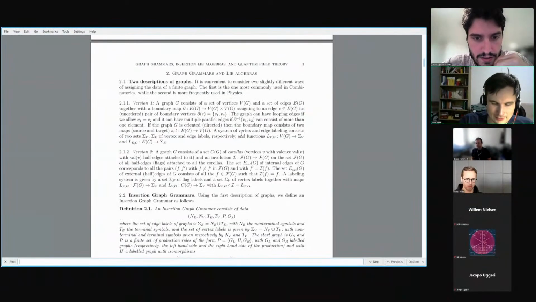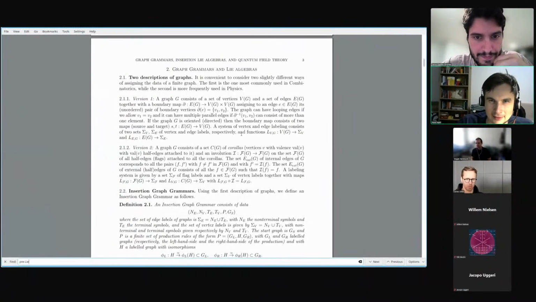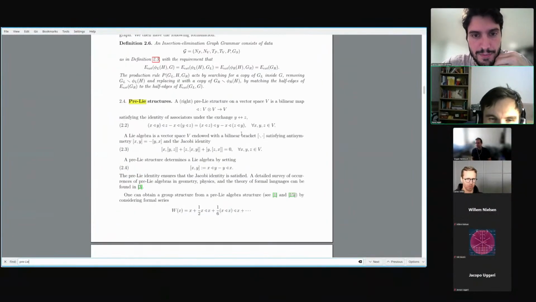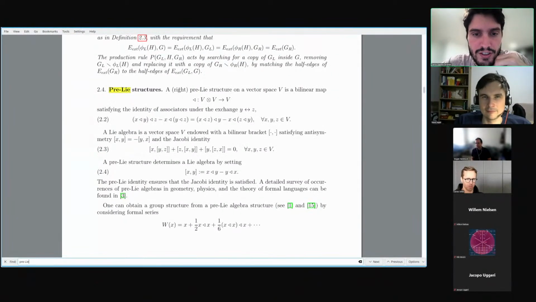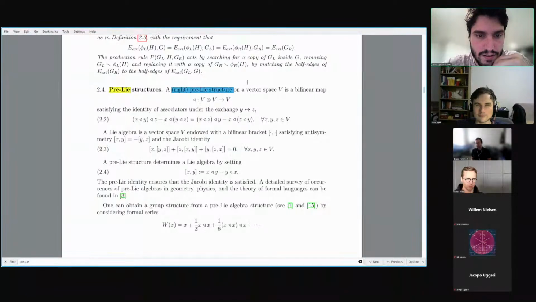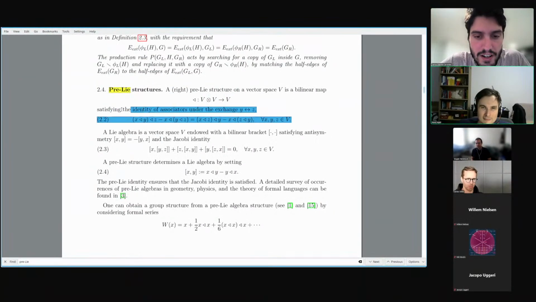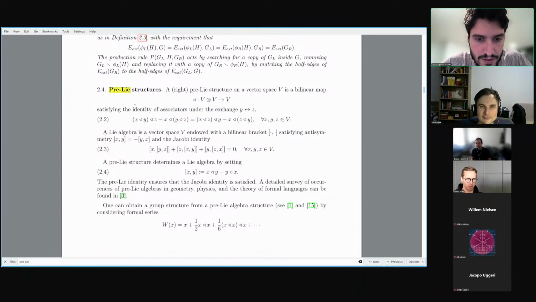Yeah, pre-Lie algebra. Left and right pre-Lie structures. Yes, exactly. So these are structures such that... oh, right. So pre-Lie algebras are Lie admissible algebras. Yeah, correct.